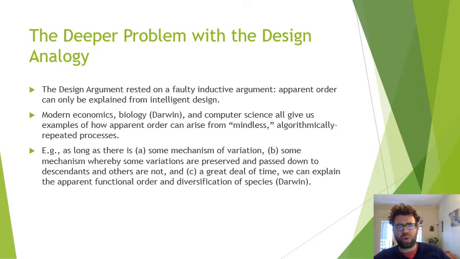The deeper point, of course, is that today we have several models of how something that seems to have been designed, something with apparent order or design, can arise from non-intelligent processes. So again, modern economics: you could think about the early study of free market economies that Hume's friend and contemporary Adam Smith was developing, which would become the basis for modern economics.